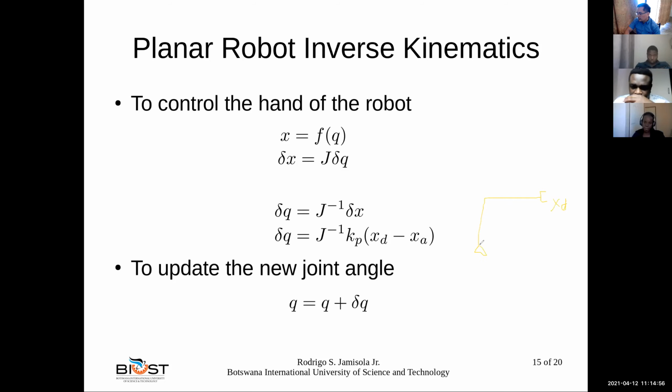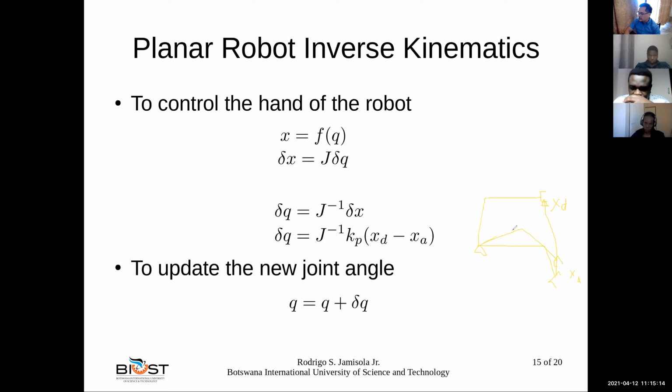And then you have the hand probably here. So this is your X actual. And that error will move the robot; the robot will move eventually there. That is caused by the error.